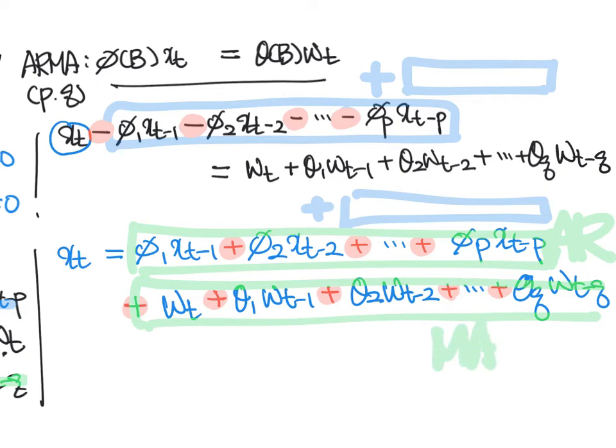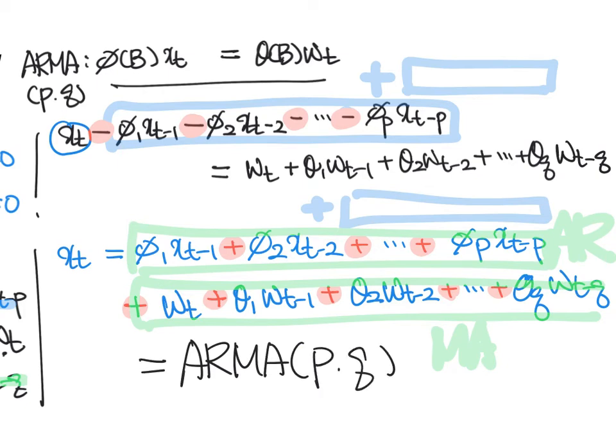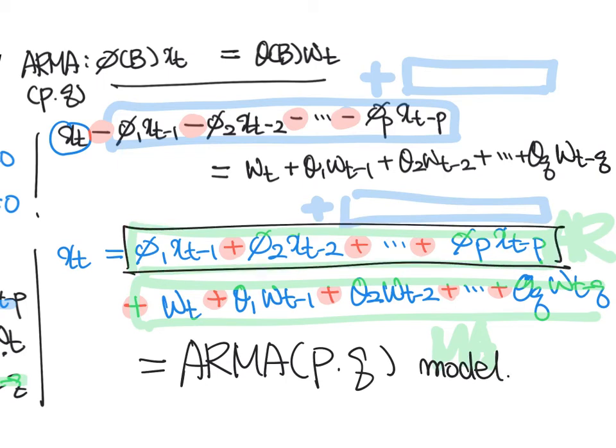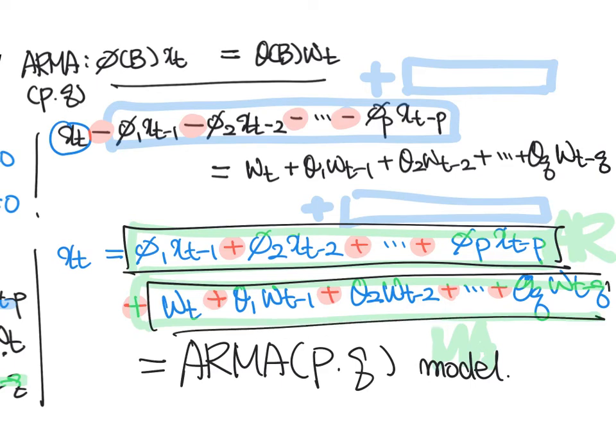So now we can say it is the ARMA(p,q) model. It has two parts. In general, we can write it this way with the AR operator and MA operator.